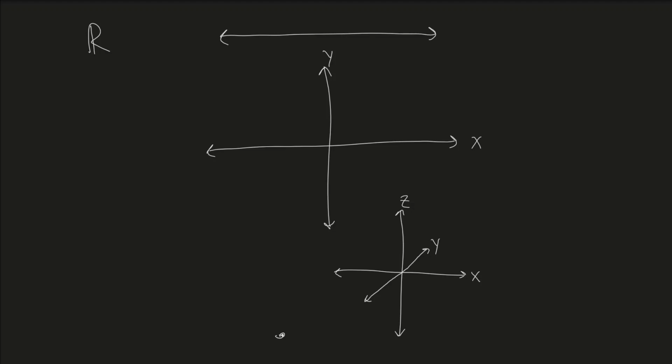This point has x and y coordinates. So if I have this x coordinate here, let's call this x, and this y coordinate here, then I find the right point here, and this point will have coordinates (x, y).